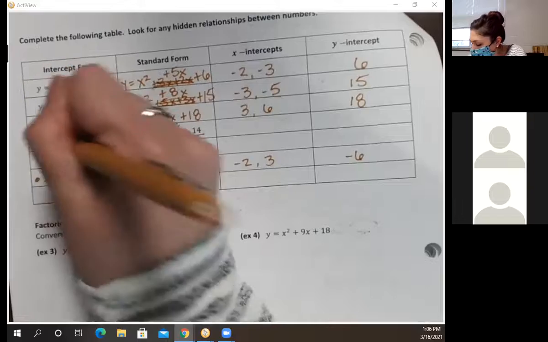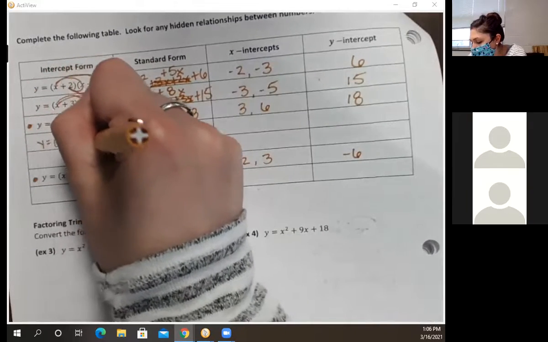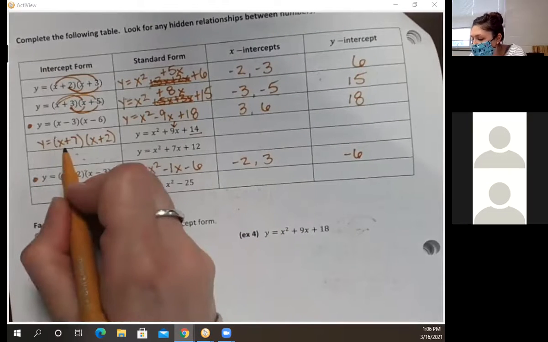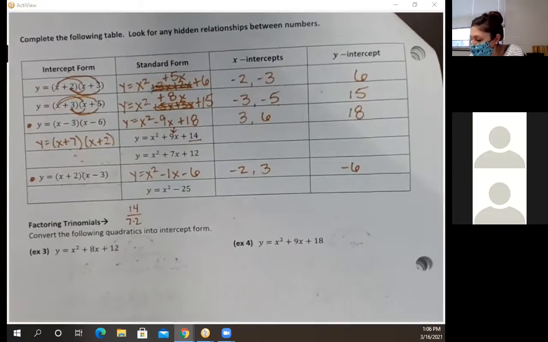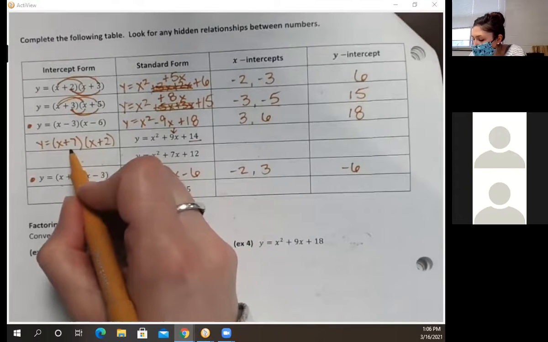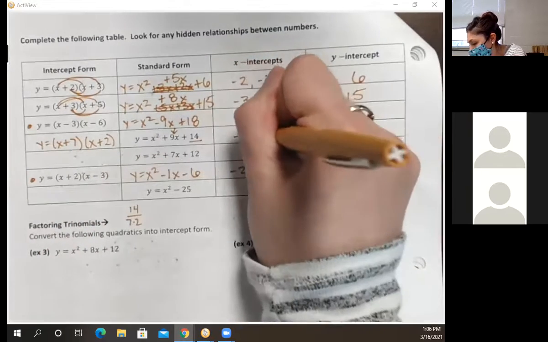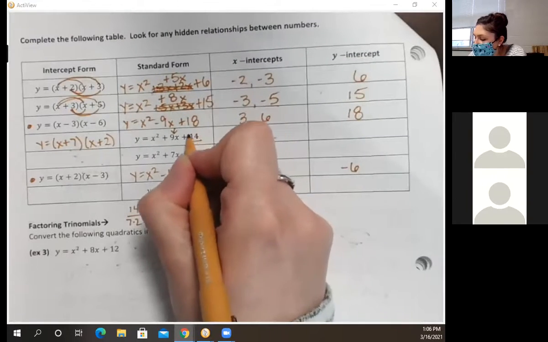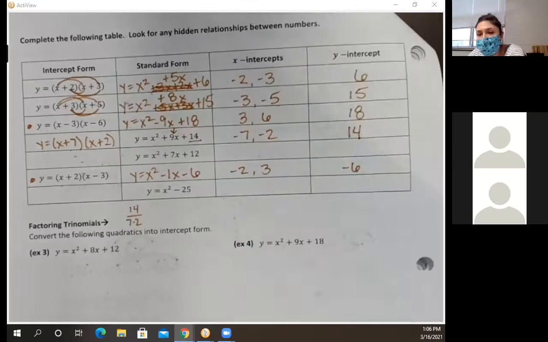So our factored form here would be x plus 7 times x plus 2. Since we wanted positive 7 and positive 2, that's what I see in my factors. My x-intercepts then would be negative 7 and negative 2. My y-intercept for this function is that c value from standard form, which for this problem is 14.